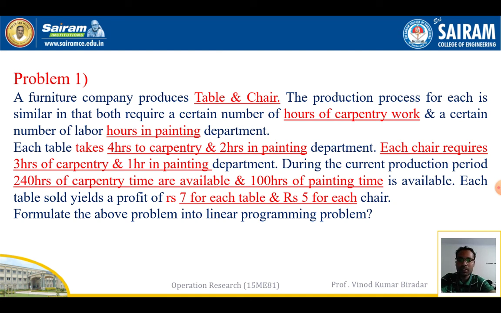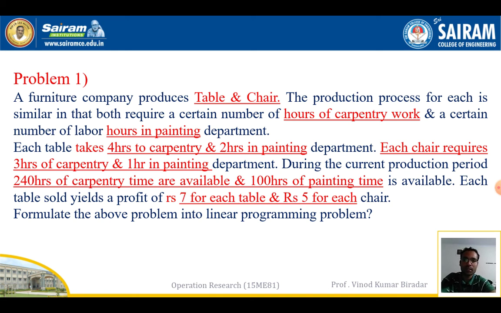Each table sold yields a profit of 7 rupees, and each chair 5 rupees. Formulate the above problem into a linear programming problem. As I clearly told in the steps, note down the objective, the decision variables and the constraints in a systematic table.